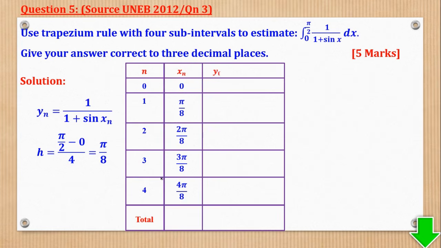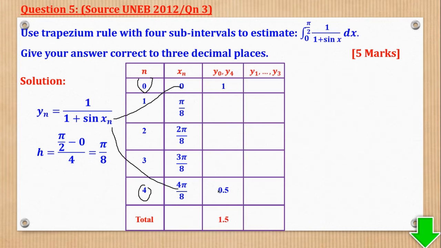So next is to generate the column for the extreme values of y. So this and that. Substitute this one here to come up with that, and substitute this one here to come up with that. Then when I add the two, I'll come up with that. Then now I'll go to the intermediate values. So get this value, put it here, come up with that.